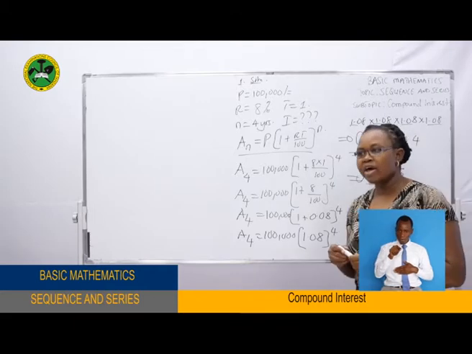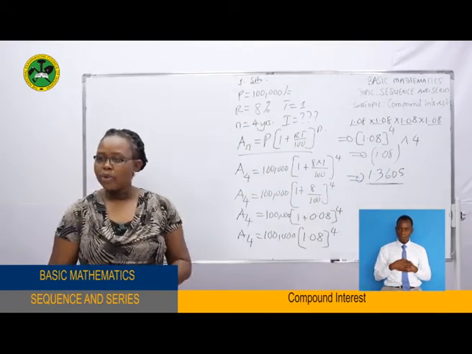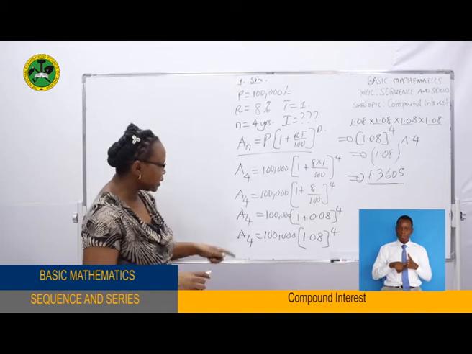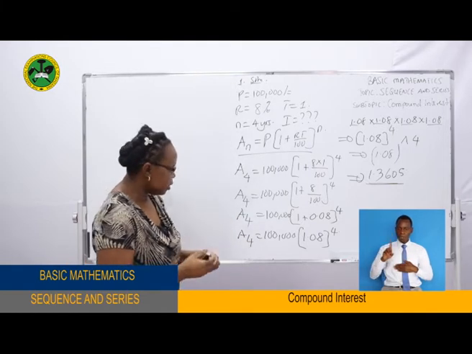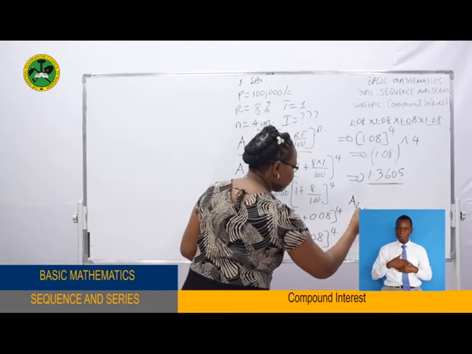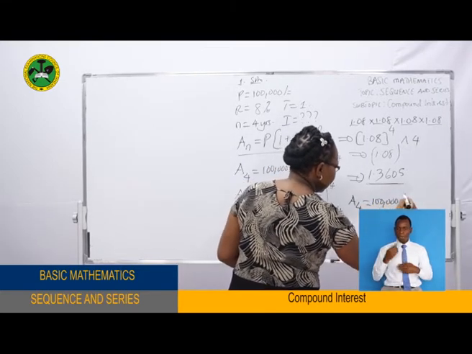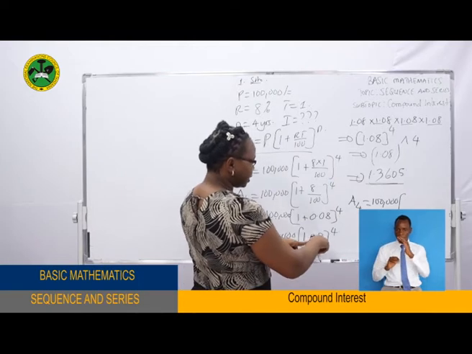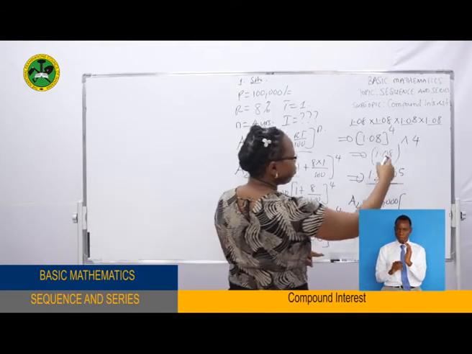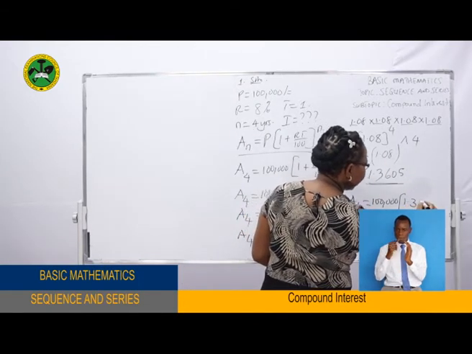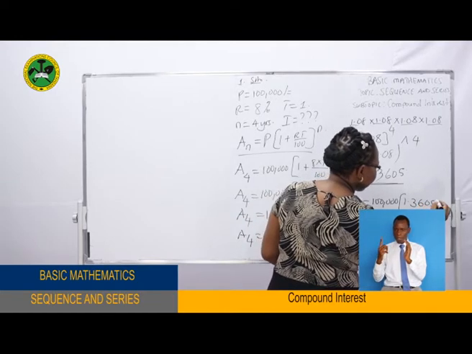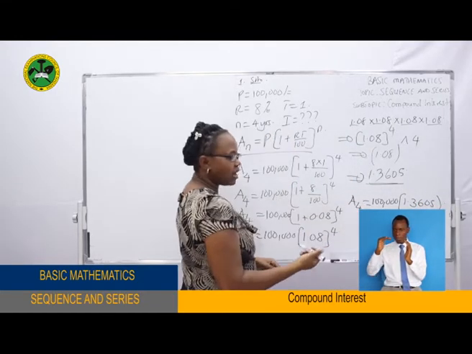Then, my dear students, we come back to our question. A4 equals 100,000 in brackets, we have 1.0 times this one, which is what we obtained here, 1.3605. We multiply this number.